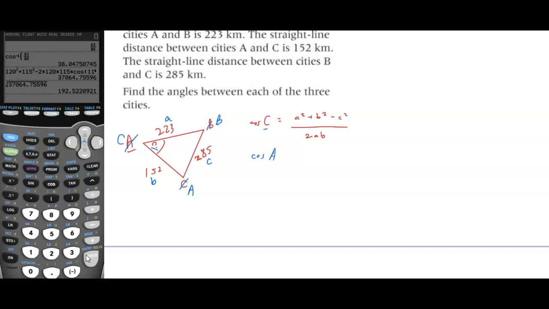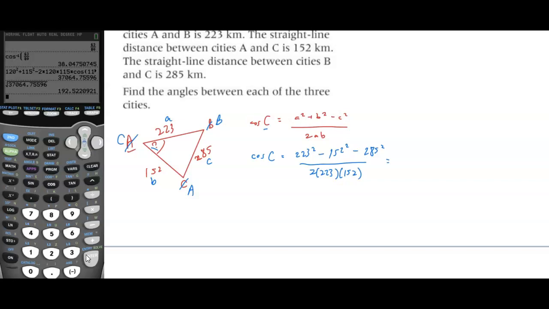Now let's fill everything in. So cosine of unknown, so we'll call this angle big C, is equal to blue little a, which is 223 squared, plus little blue b, which is 152 squared, minus c squared, which is 285 squared, divided by 2 times 223 times 152.